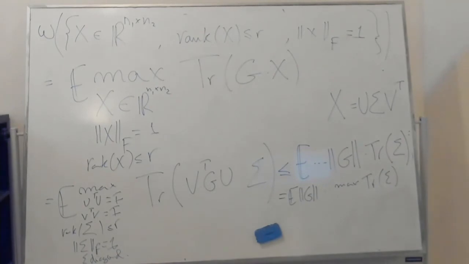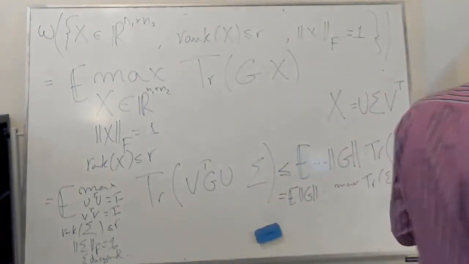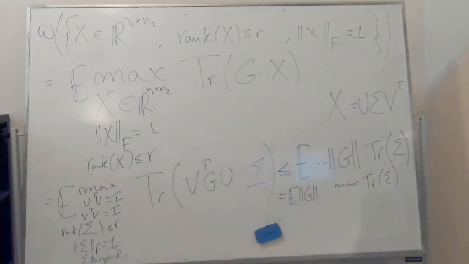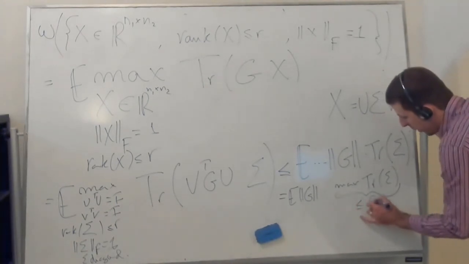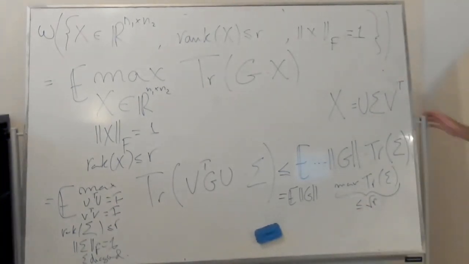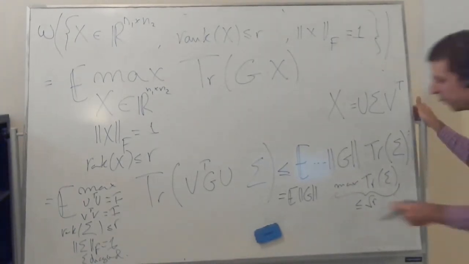We have these singular values, and only R of them are non-zero, and the sum of the squares is 1. By Cauchy-Schwarz, the biggest this can be is square root of R, because if you have R numbers whose squares sum to 1, their sum cannot be bigger than square root R.